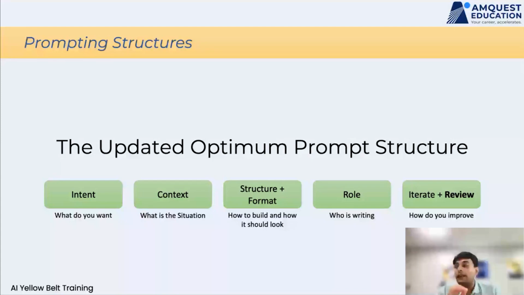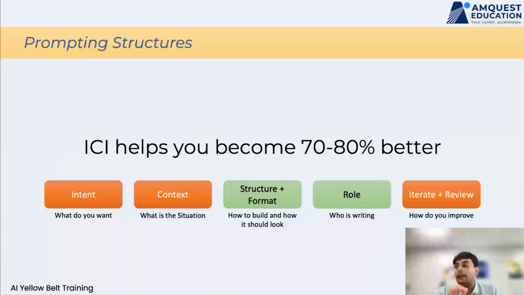Okay. Now, I understand that not all the time will you be able to do everything. There will be cases where you might not be able to provide a structure because you don't have an understanding of how the structure should be. So you want to experiment with 2, 3 different structures. You want to see on the screen how this looks, how that looks, right?